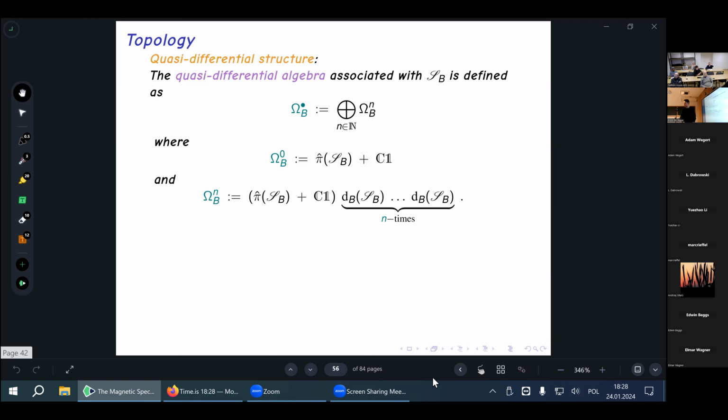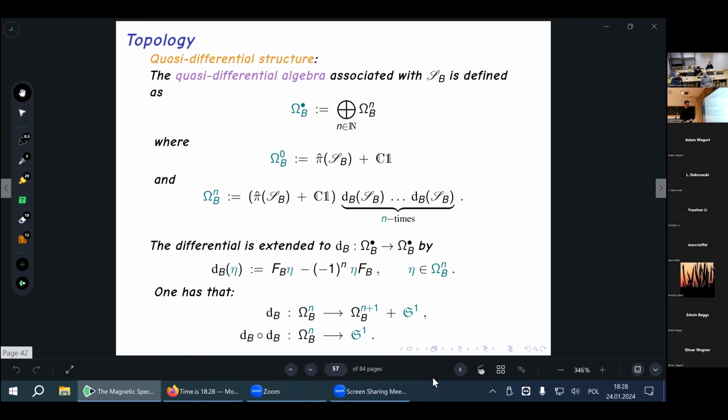And I have this graded, the usual graded structure. And now I want to extend the action of the differential on this complex. And this is done in this way, okay? Usual formula, I'm inventing nothing here. This is really the usual way in which you define the de Rham complex. But now something a bit different from the usual case happens.